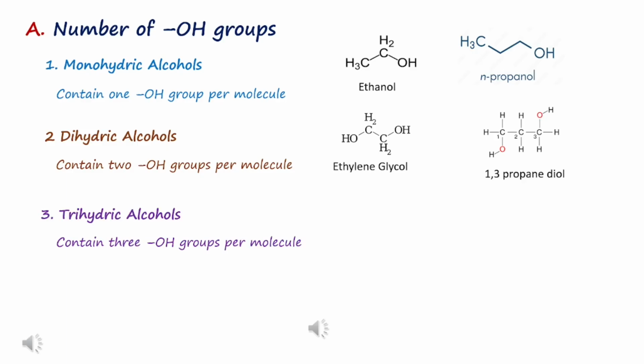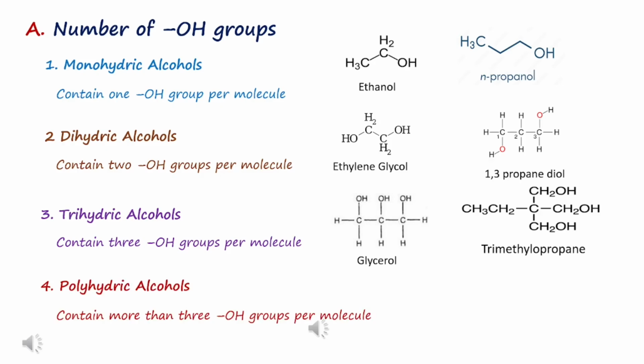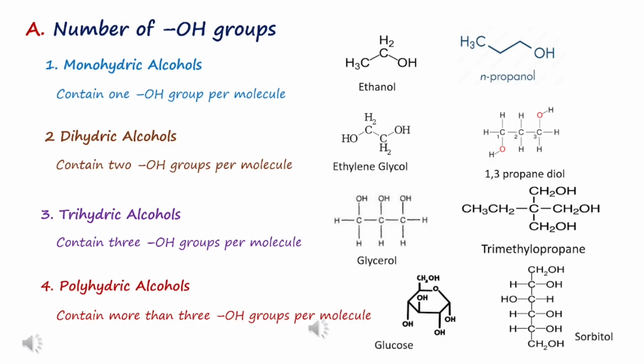Trihydric alcohols contain 3 hydroxyl groups per molecule. Glycerol and trimethylolpropane are some examples. Polyhydric alcohols contain more than 3 hydroxyl groups per molecule, that is, glucose, sorbitol and many more.